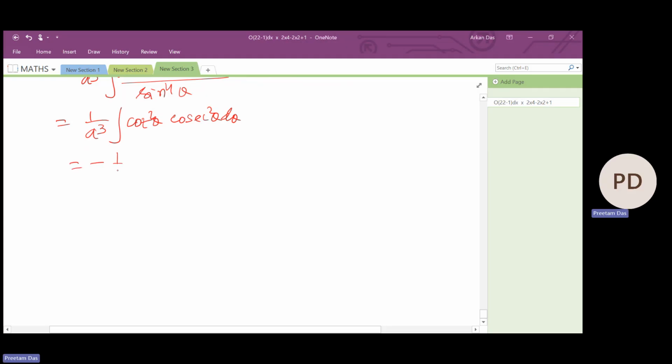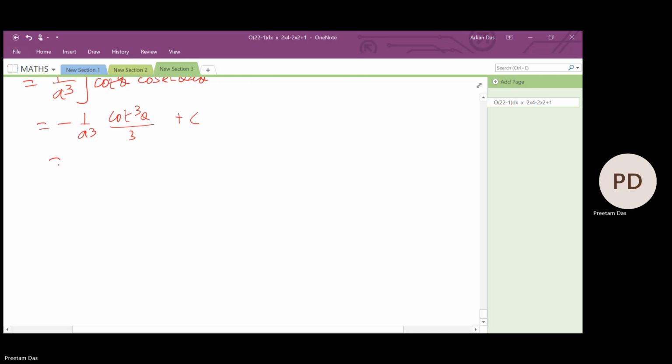So this becomes minus 1 by a cube, cot cube theta by 3 plus c. Minus 1 by 3a square, root of a square minus x square. If you simplify, you will get this, plus c. So which is the option that matches this? Option C.